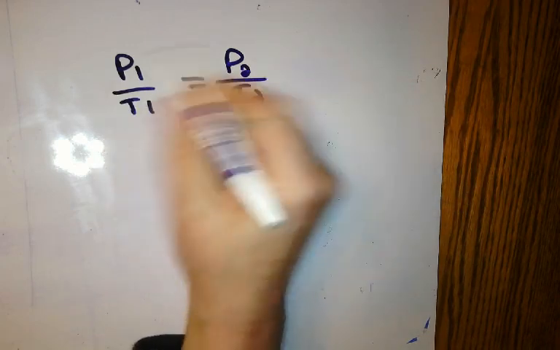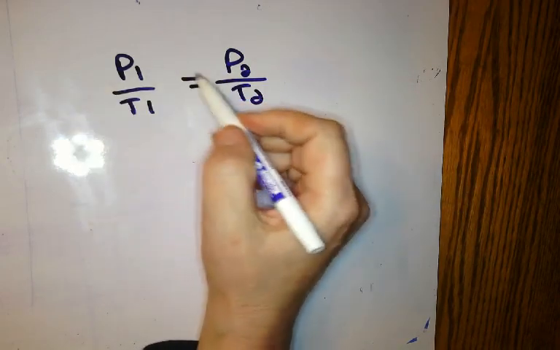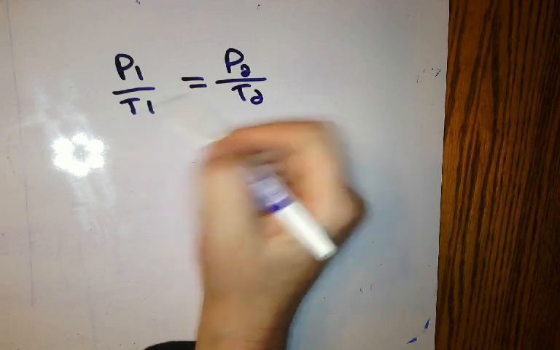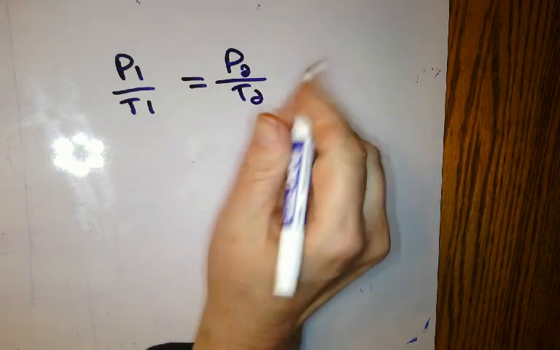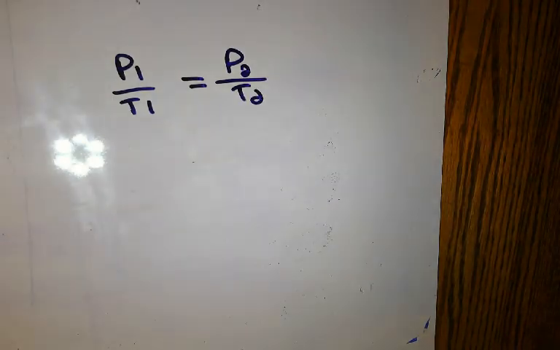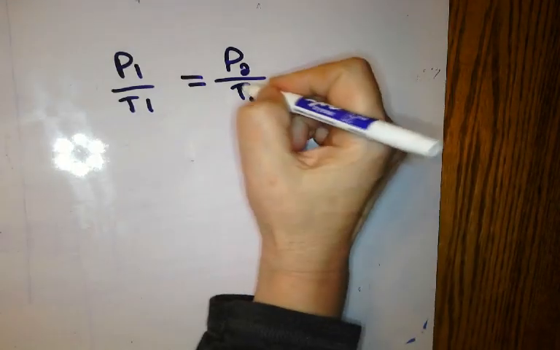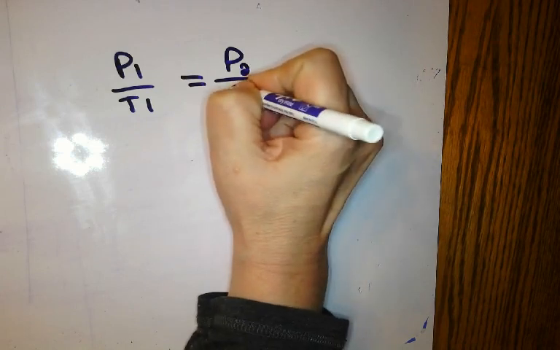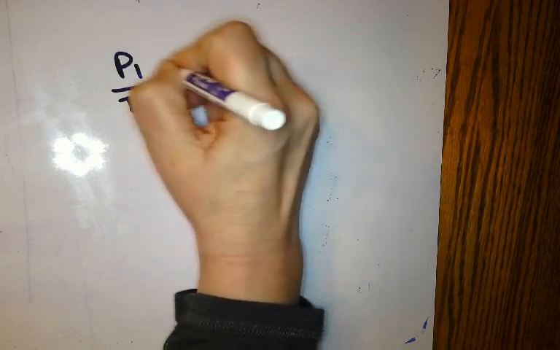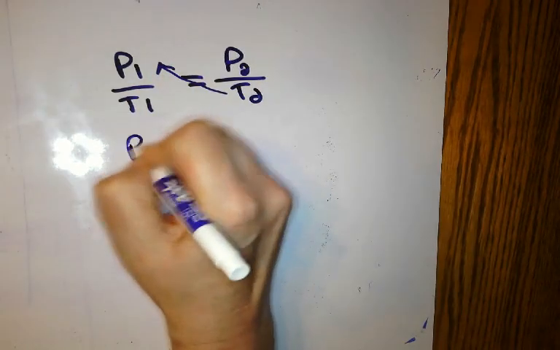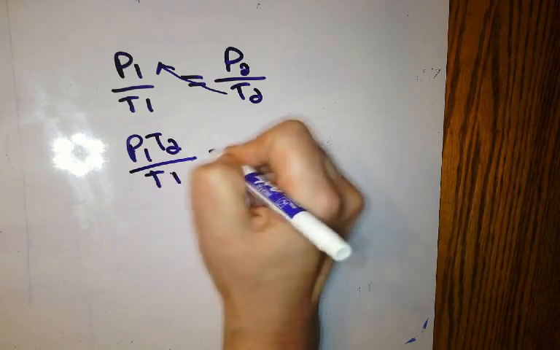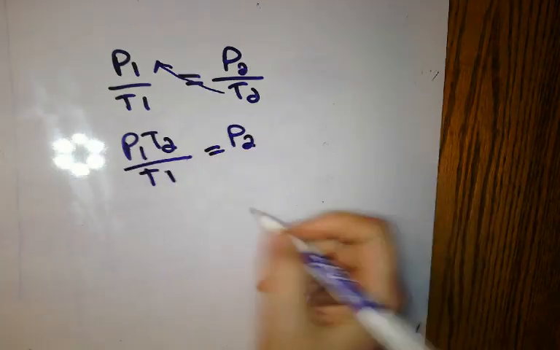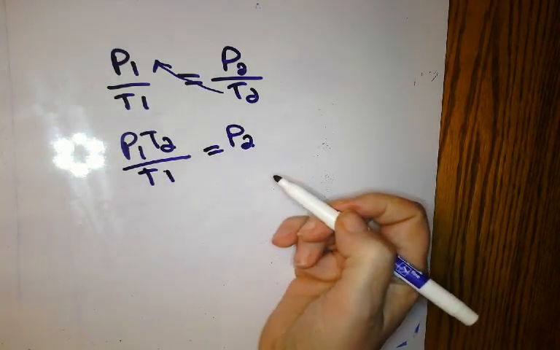Now notice there's no addition here. It's only if you're multiplying or dividing on both sides can you do this. As soon as you put an addition sign in there, sometimes it works, but I'm not going to get into all that right now. Okay, so if I want my T2 on top, I can move it diagonal right there. So now I have P1 over T1 equals T2 over P2. There we go. I just moved it diagonal. That's what your math did, okay?